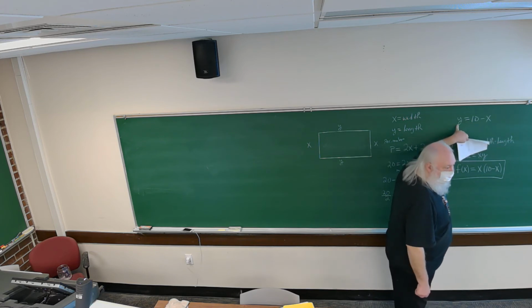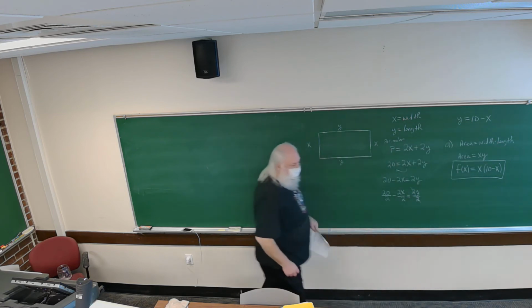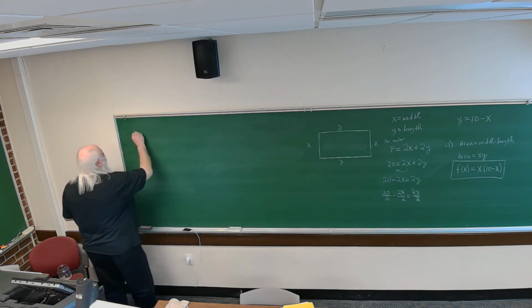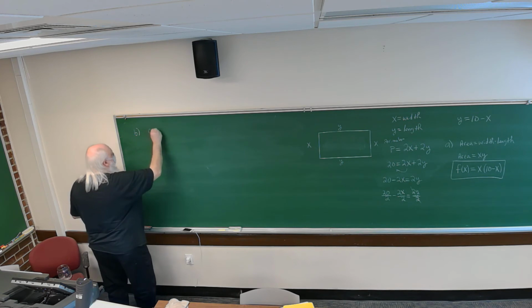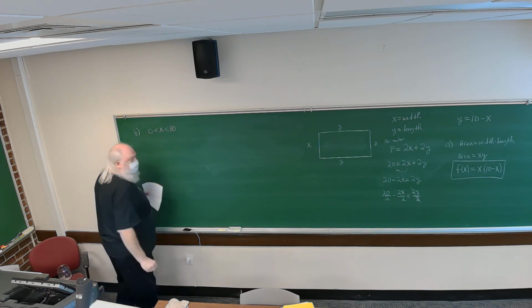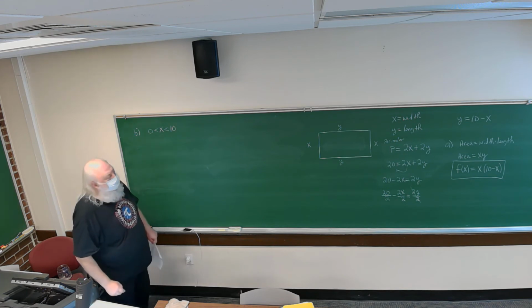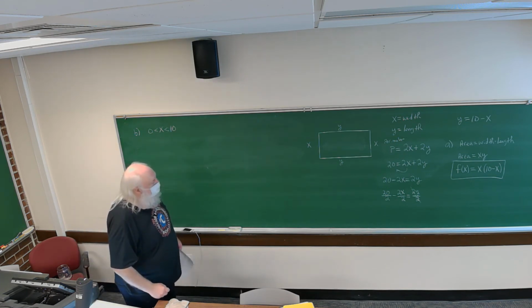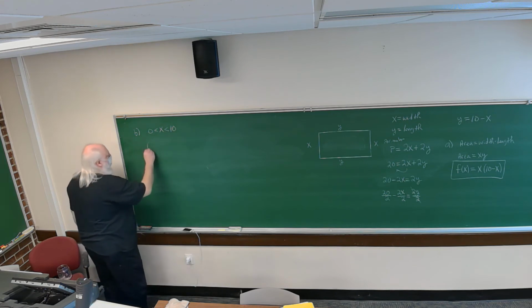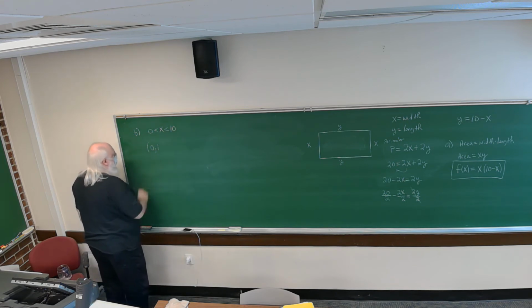Otherwise, the length y is negative. So in B, the width x has to be greater than 0 and less than 10. And in interval notation, that's parentheses 0, comma 10, parentheses.